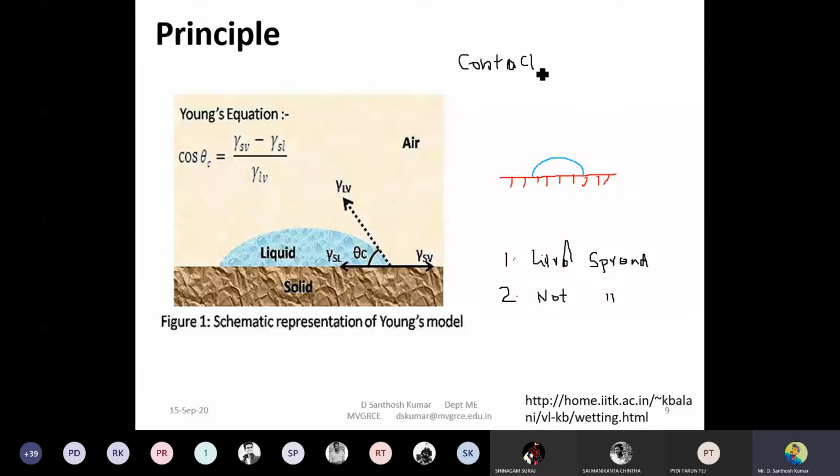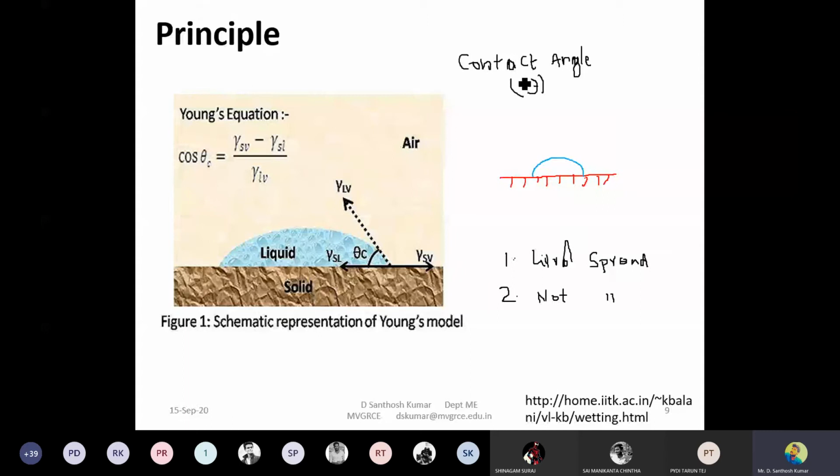This is the contact angle. Contact angle we majorly represent as theta. So this particular contact angle is the process parameter.